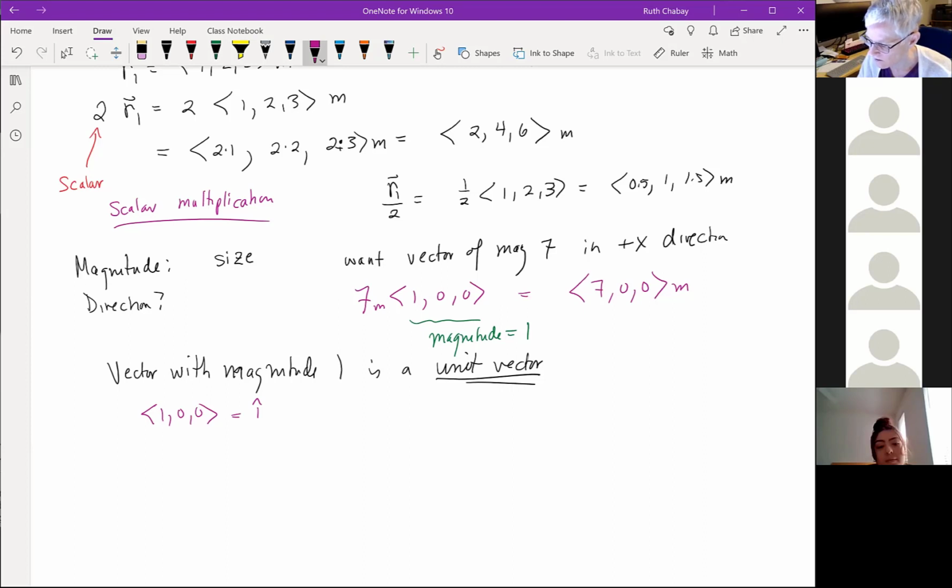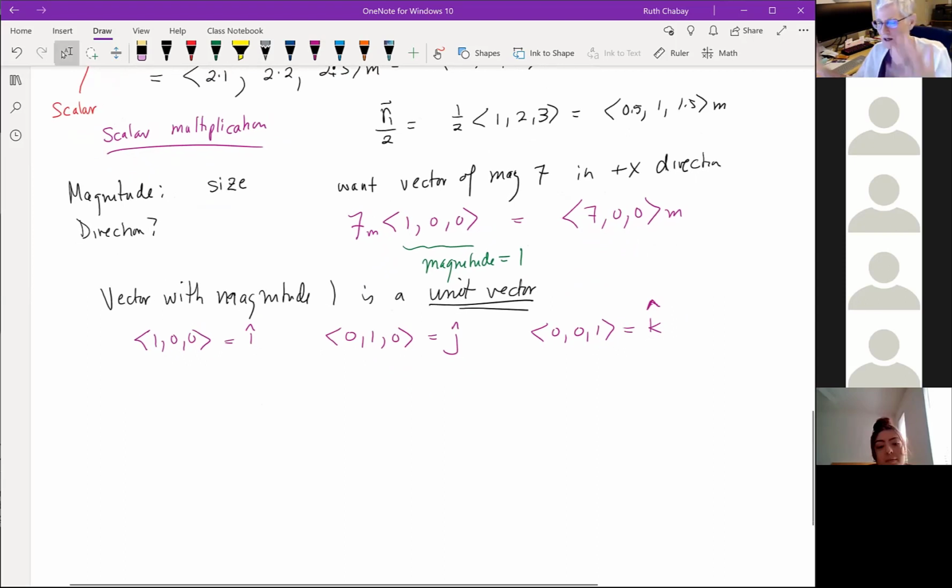There's a vector of magnitude 1 that points along the y-axis, called j hat. And there's a vector of magnitude 1 along the z-axis, called k hat. But there are others. You can have a vector in any direction that has magnitude 1. So how would we get a unit vector in some arbitrary direction?